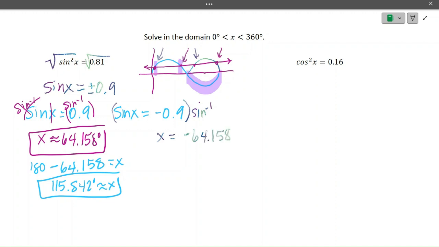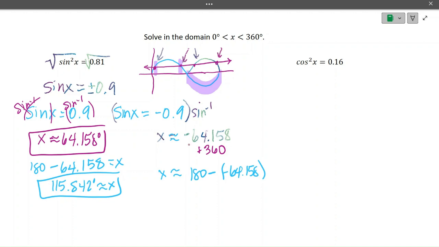This is not within our domain, so I'm going to add 360 degrees to it. We'll come back to that. But I'm also going to say that x is approximately equal to 180 minus negative 64.158 degrees. That's our symmetry property. So we need to do both of these things.